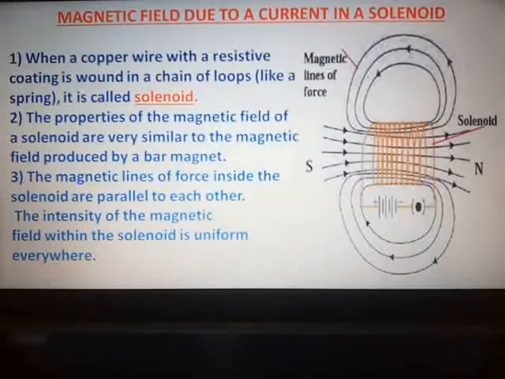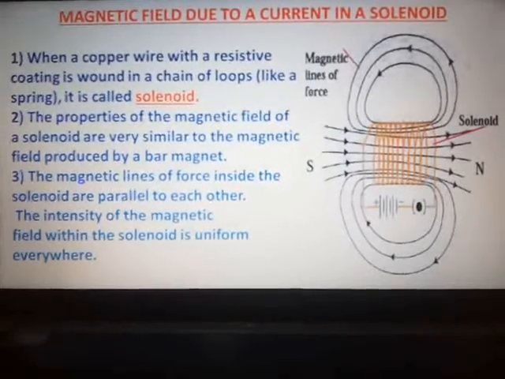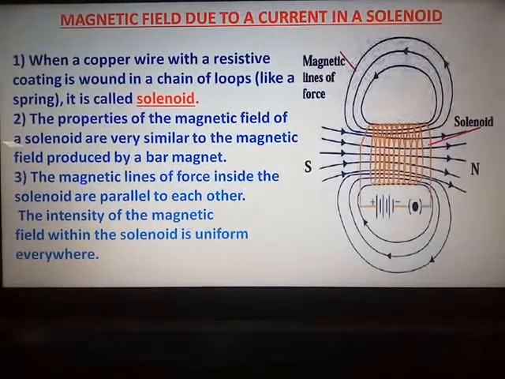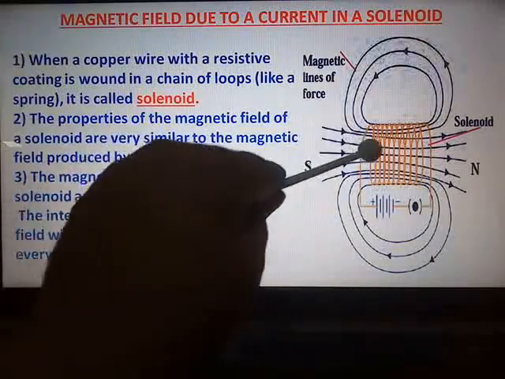Next we move towards the magnetic field due to a current in a solenoid. Before moving towards this topic, we first have to understand what we mean by the term solenoid. What is a solenoid? A very simple definition of a solenoid is a coil of many turns of insulated copper wire.